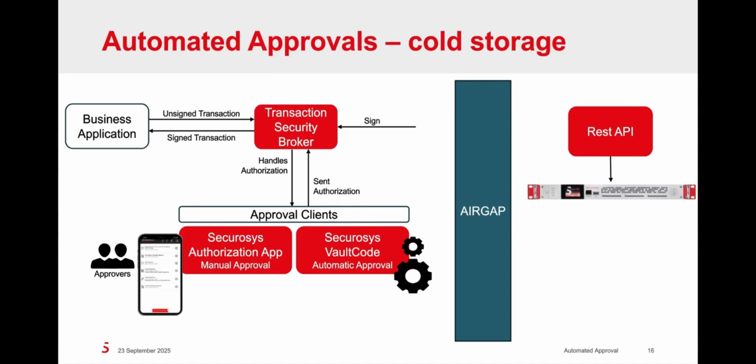You walk to the cold room, you do a signature, you come back, and you import the signature in your workflow. The nice thing is that the business application does not know the difference if it's a cold solution or not, because the sign request with the unsigned transaction and the signature coming back, that API integration is exactly the same.